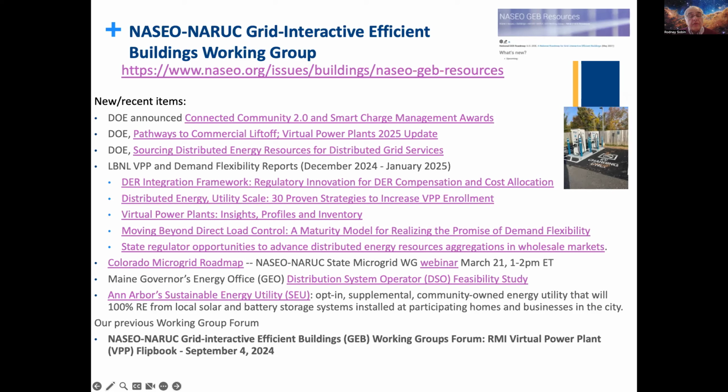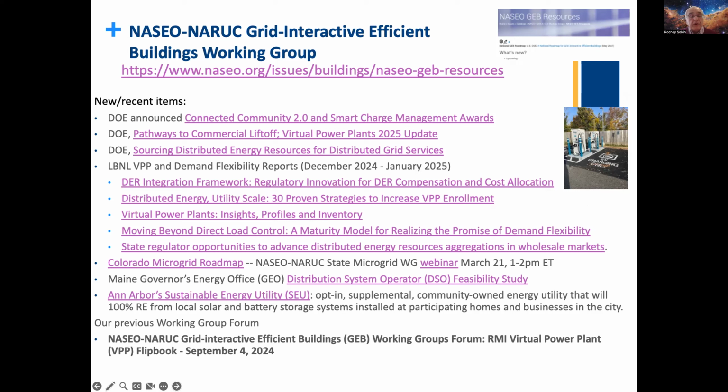I can commend to you also another DOE report, Sourcing Distributed Energy Resources for Distributed Grid Services. It's really quite good. There is a series of Lawrence Berkeley National Lab reports on virtual power plants and demand flexibility that have been released recently.